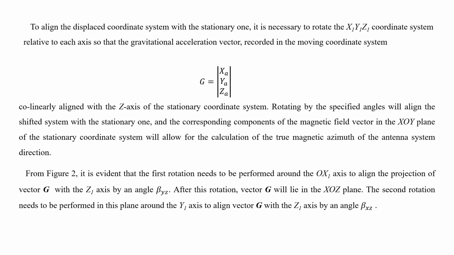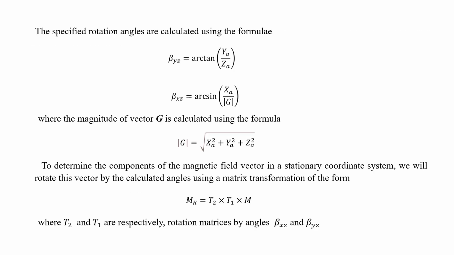From Figure 2, it is evident that the first rotation needs to be performed around the OX1 axis to align the projection of vector g with the z1 axis by an angle beta yz. The second rotation needs to be performed in this plane around the y1 axis to align vector g with the z1 axis by an angle beta xz. The specified rotation angles are calculated using the formula, where the magnitude of vector g is calculated using the formula.